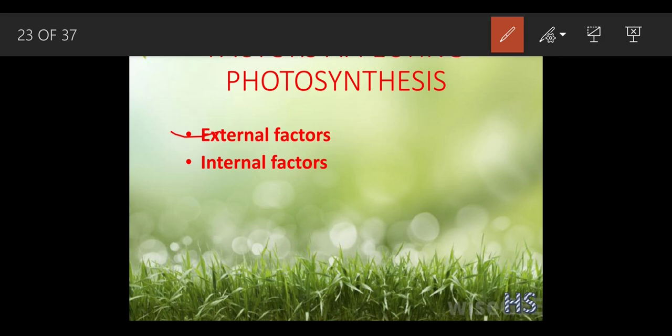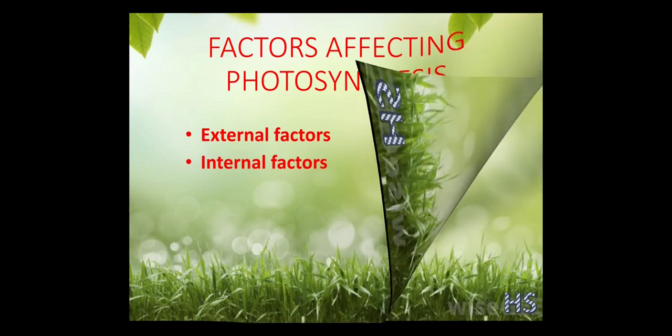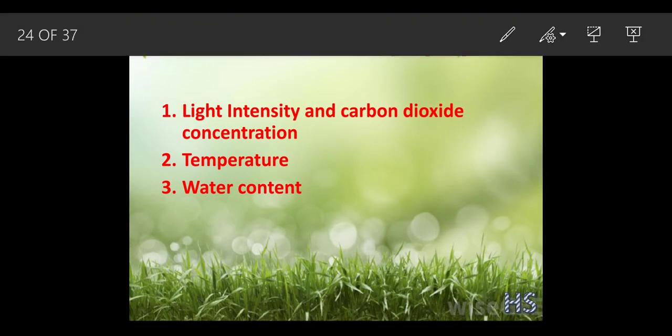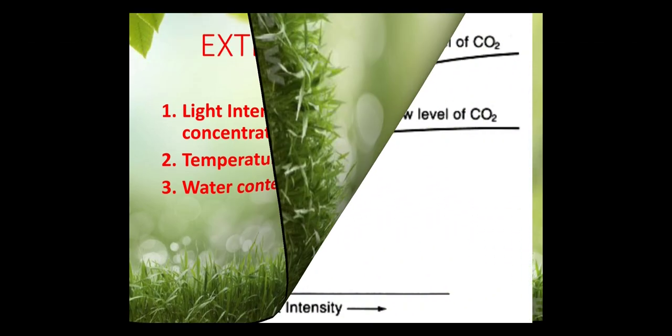Now let's discuss the external part first: light intensity and carbon dioxide concentration. So let's understand this first point with the help of a diagram.